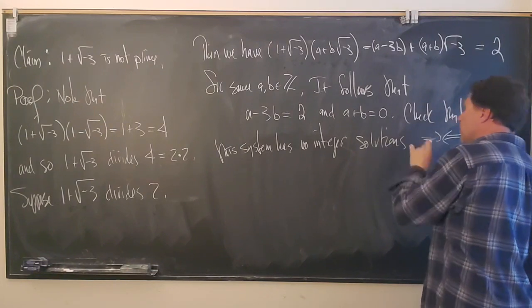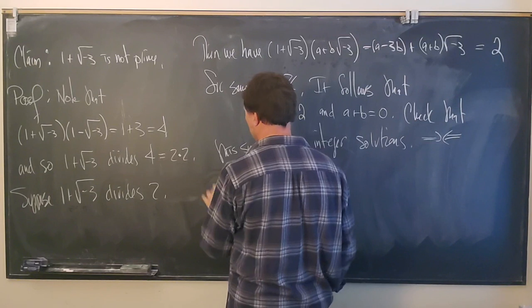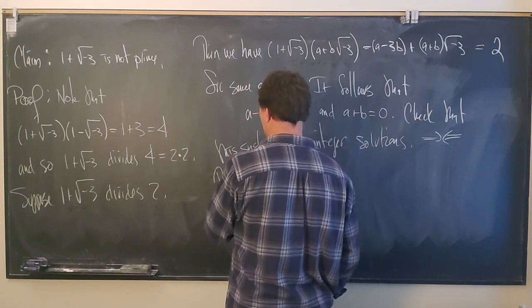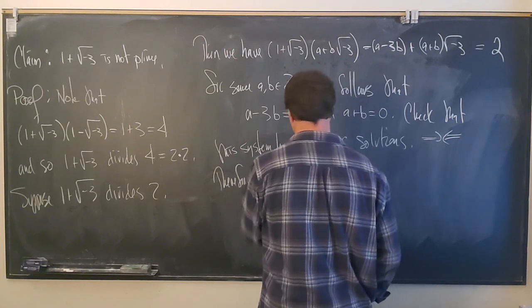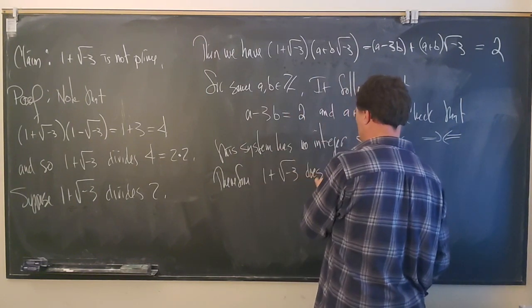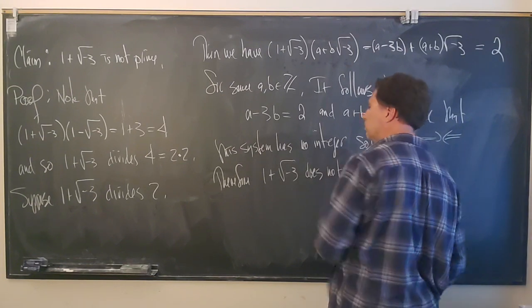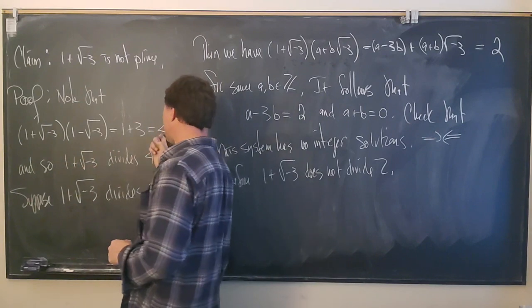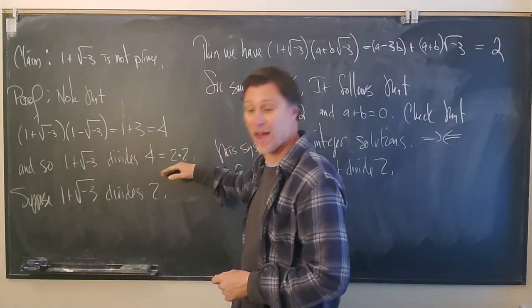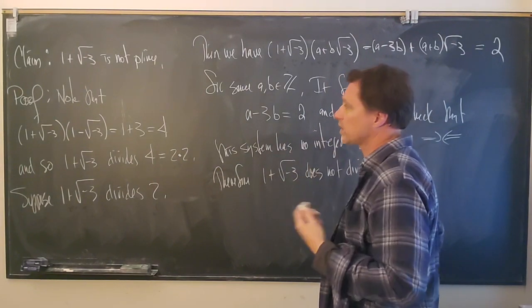So that's our contradiction there. And so conclusion, or we'll say therefore, 1 plus square root of minus 3 does not divide 2. So we have that 1 plus square root of minus 3 divides 4, but it does not divide its factors. That forces us to conclude that 1 plus root 3 is not prime.